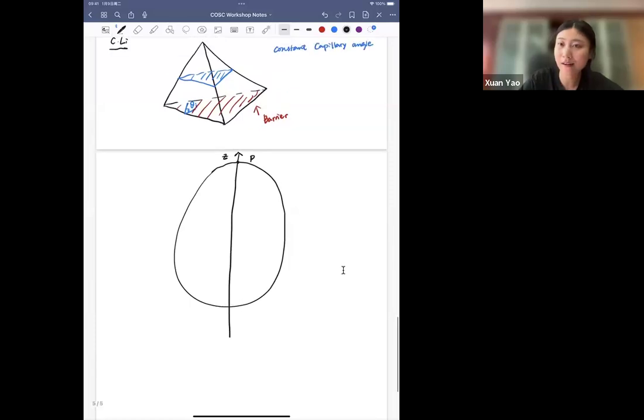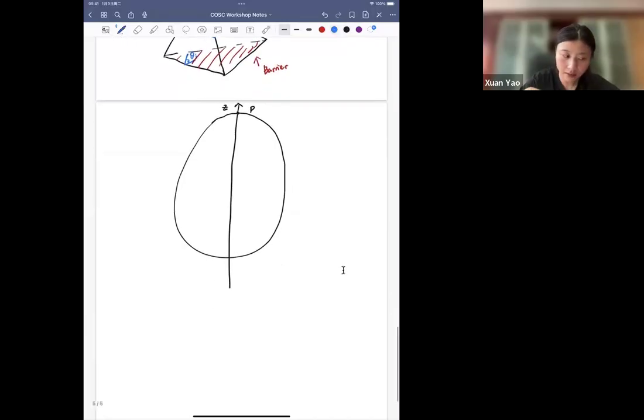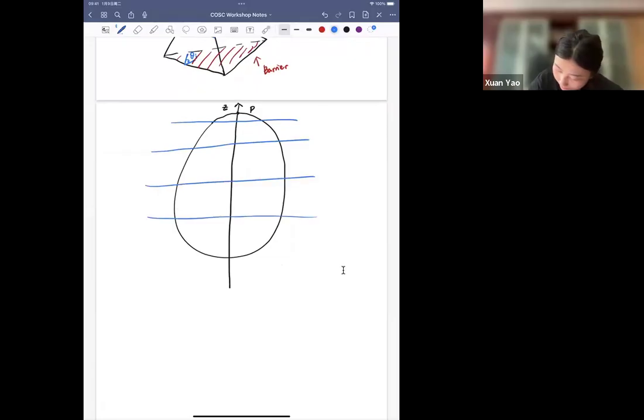So now we no longer have the barrier. Actually, we use the xy plane, which is perpendicular to the z-axis, to slice this whole domain. So we slice this whole domain like this.